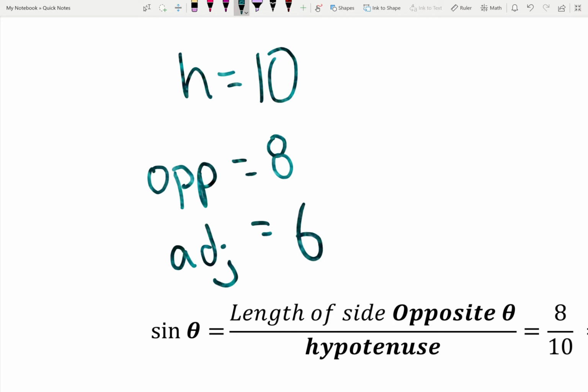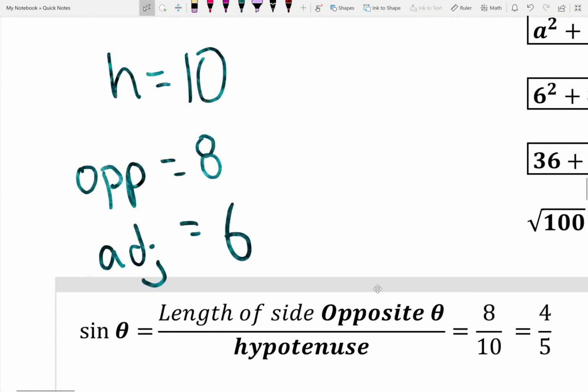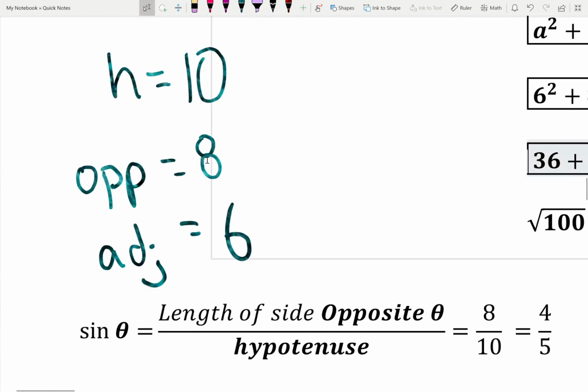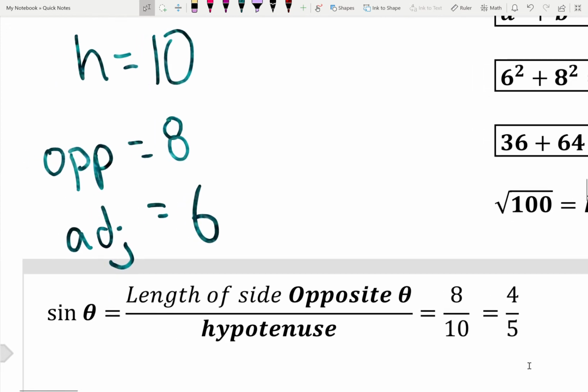Remember SOHCAHTOA. Opposite over hypotenuse. So my opposite length is 8, and my hypotenuse's length is 10. So I have 8 over 10. And they both can be reduced because they're both a multiple of 2. So I can reduce 8 over 10 to 4 over 5.